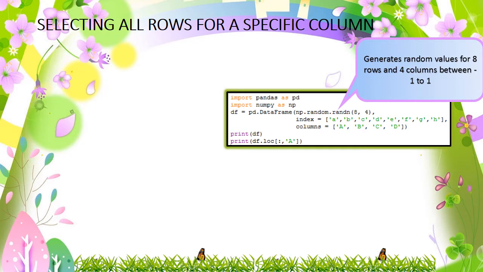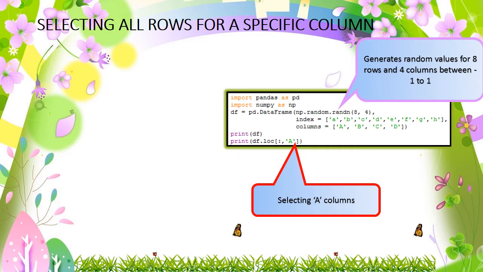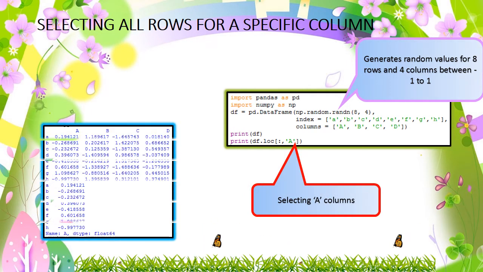This data frame's row labels are A to H, and the column titles are also capital A to D. We are going to access only one column for all rows. So see here, I'm accessing column A for all rows.